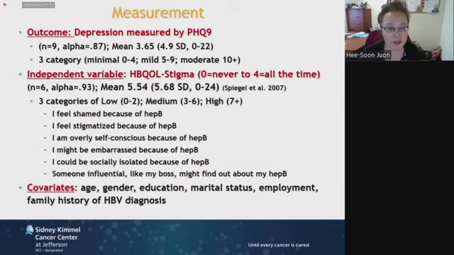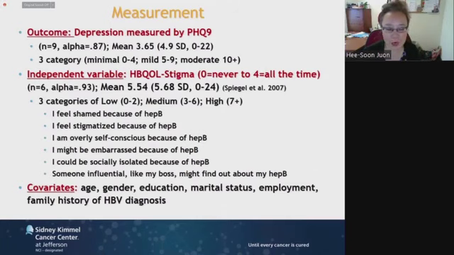So these are examples of the questions on stigma. I feel shame, I feel stigmatized, I am overly self-conscious, I might be embarrassed, and I could be socially isolated. Someone might find out about my Hep B. So these are the 6 questions.